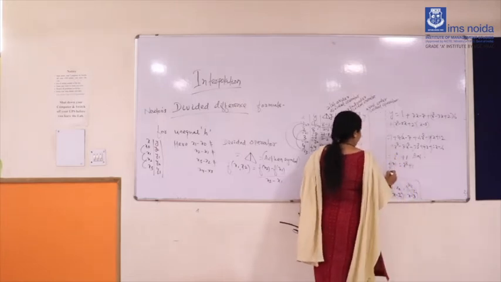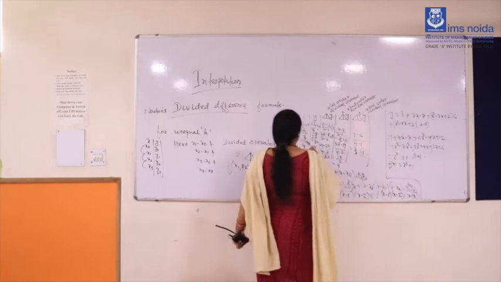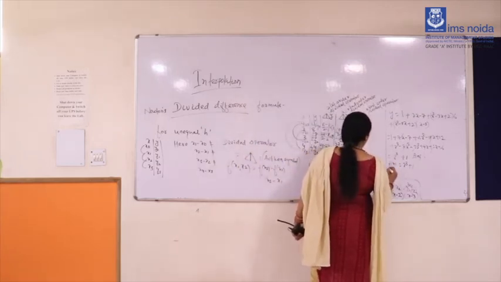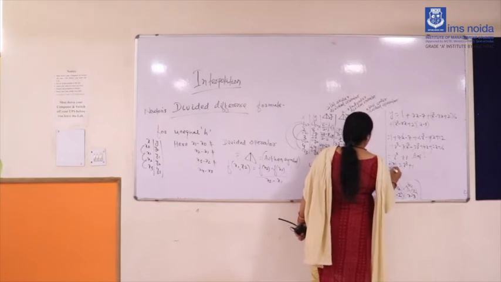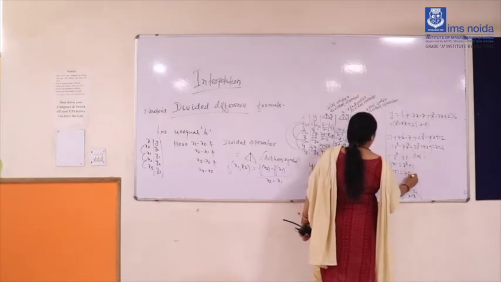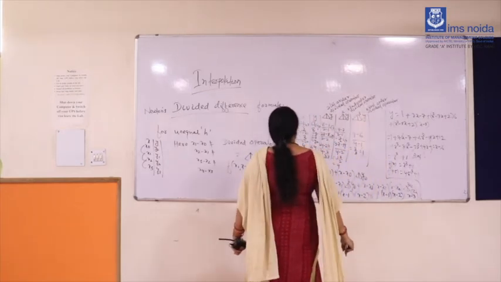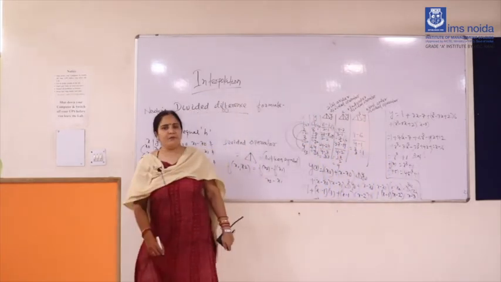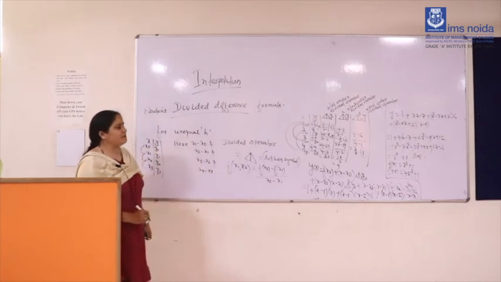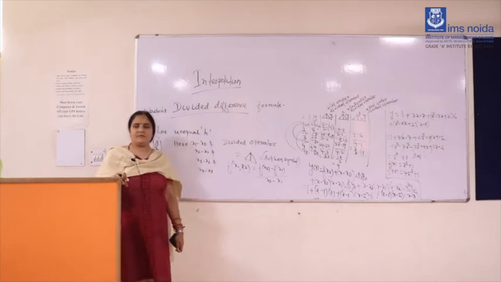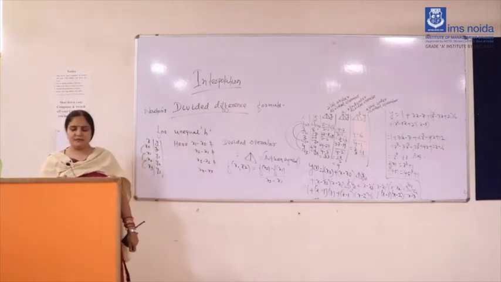So if I ask about a value that is not given in the table 1, 2, 3, 4, like 4.5, you'll get 4.5 whole cube plus 1. If somebody asks you to find the value at x equal to 4.5, then you can put the value of x in place of f(x), and you can find the value of f(x) by using Newton's divided formula.